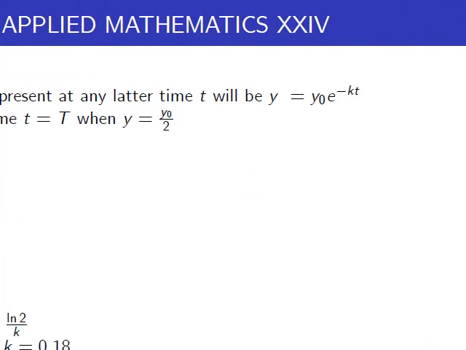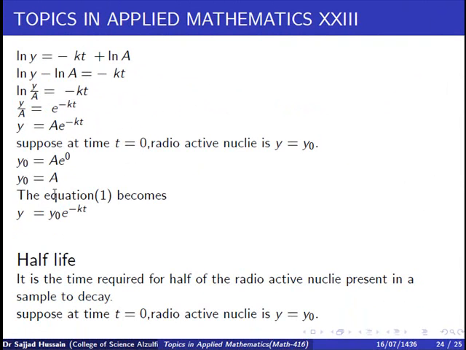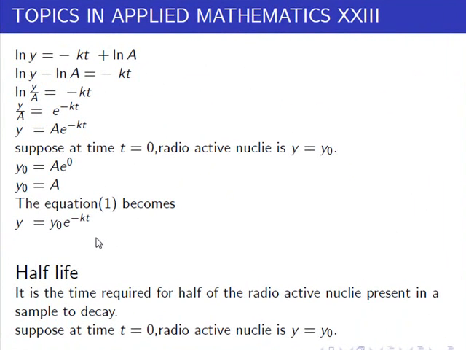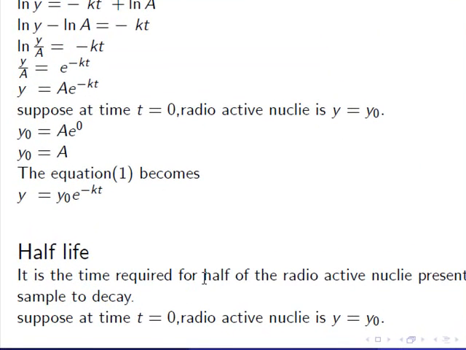With the help of this solution, we can find the half-life. This is another important notion related to the topic. Half-life is the time required for half of the radioactive nuclei present in the sample to decay.